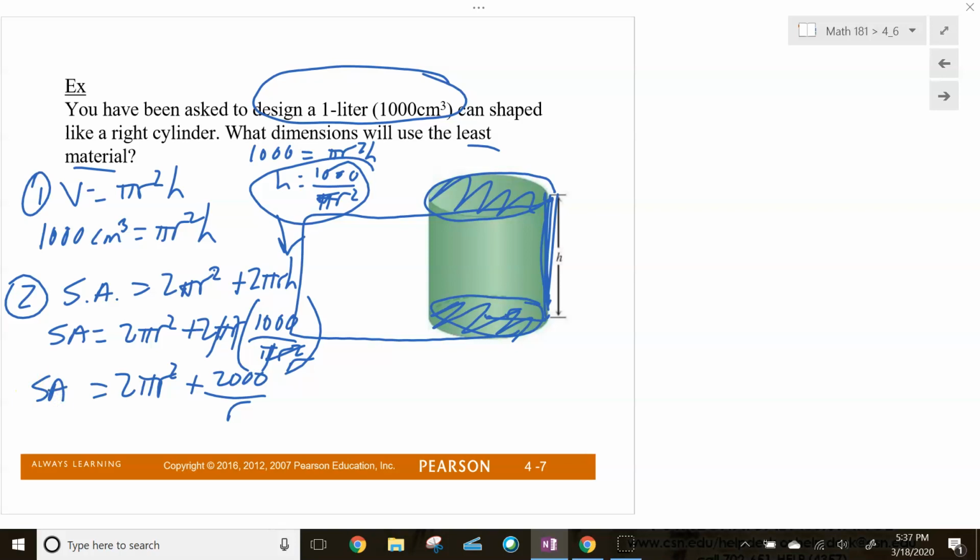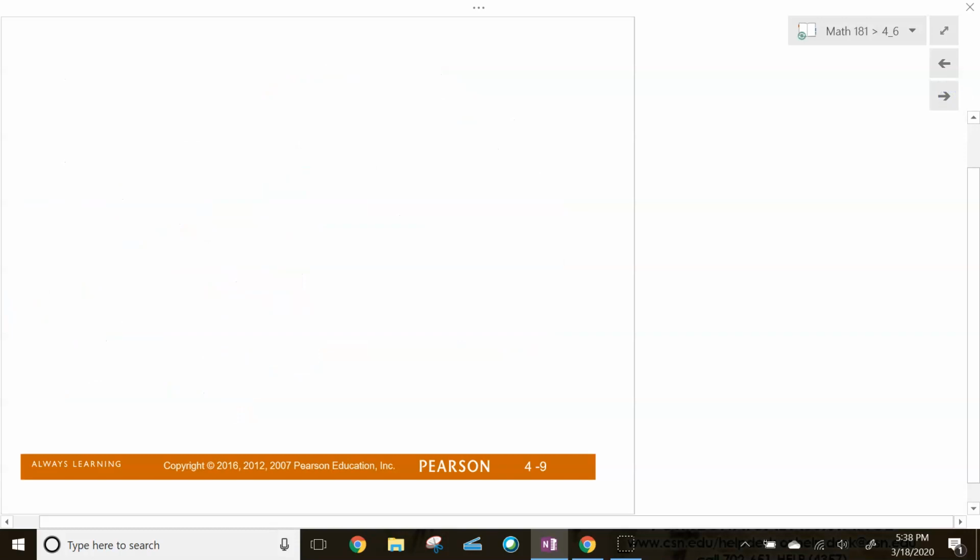So here's our surface area in terms of r: 2 pi r squared plus 2,000 divided by r, which is the same as 2,000 r to the negative 1. Let's go ahead and take the derivative here. I'm going to go with a clean sheet. Our surface area was 2 pi r squared plus 2,000 divided by r.